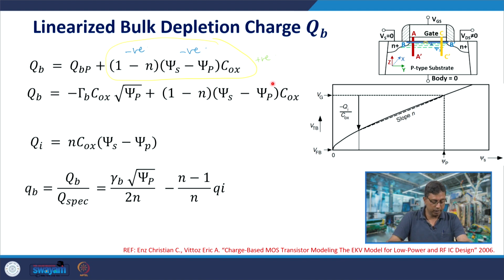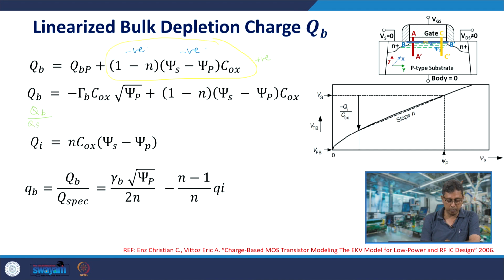So, how do we normalize it now? Let us normalize it as a normalized depletion charge. Let us define it as QB by Q specific. Q specific we already know. So, what would be its value? Let us derive that. Now, it has two parts.